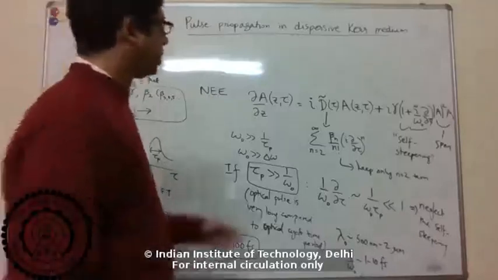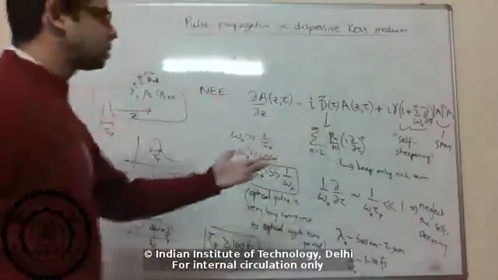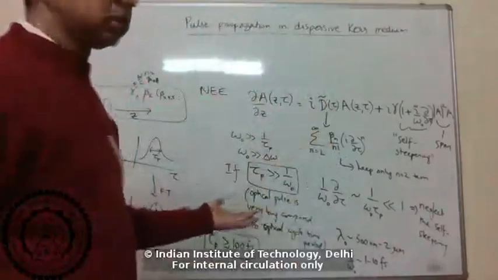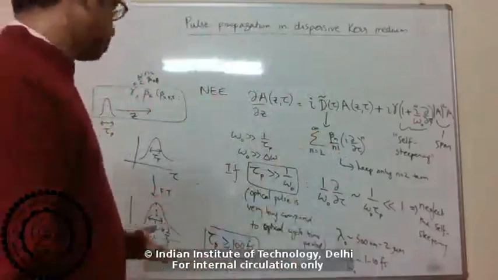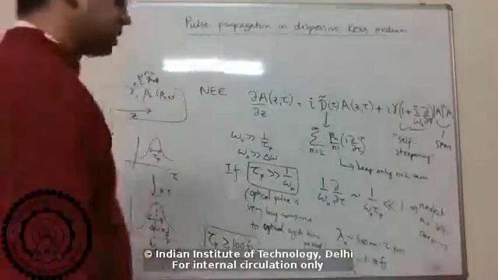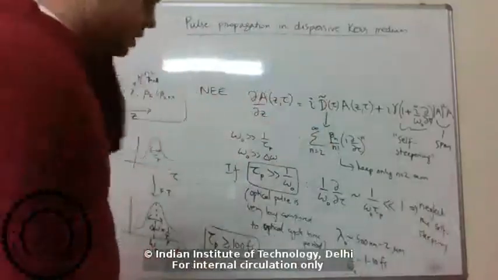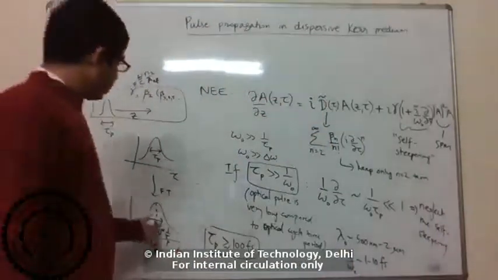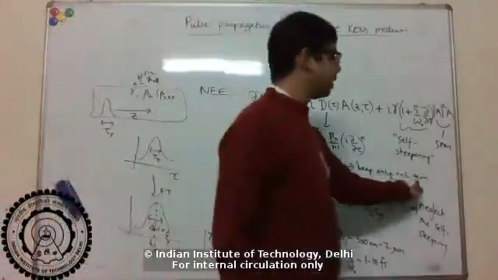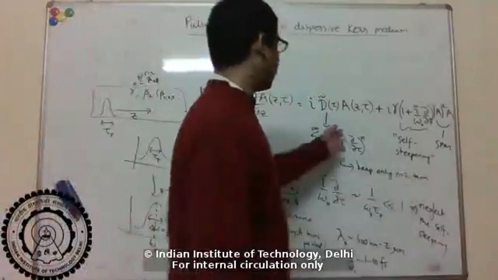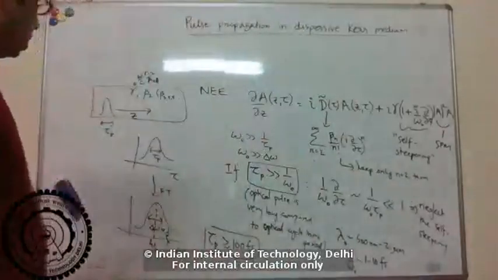Dispersion is basically different frequencies traveling at different speeds, and because of that, the different frequencies acquire different phase and the pulse broadens as it propagates. Now, if the spread in frequencies is small, then only the first order term is majorly contributing, and the higher order terms, because we did the Taylor expansion, are by definition small.